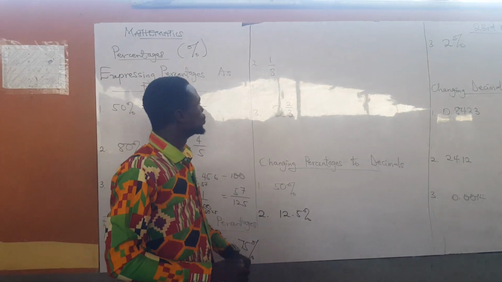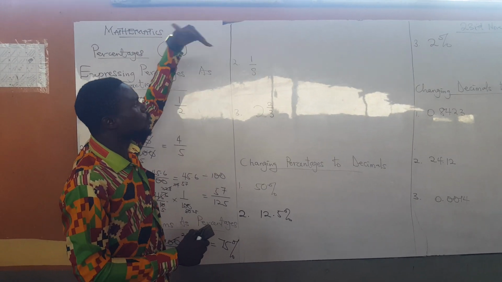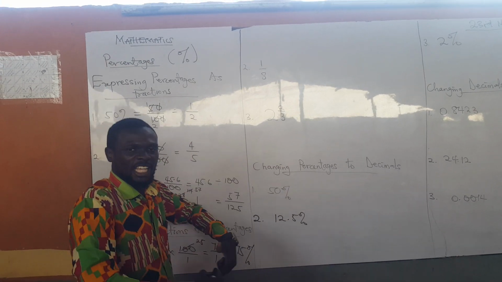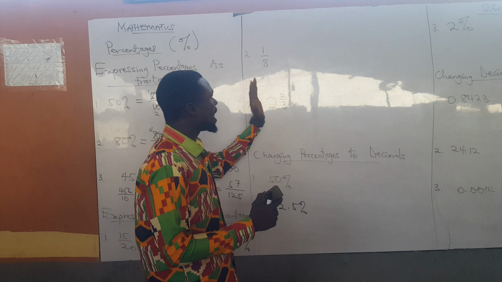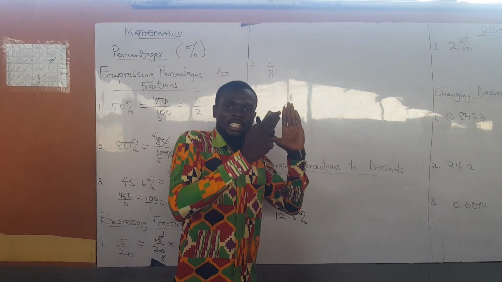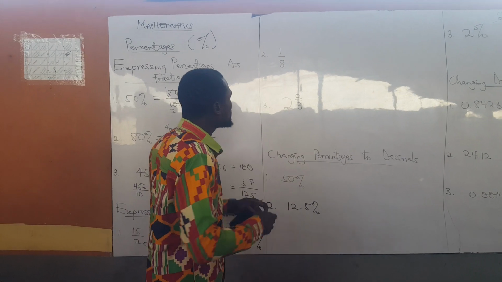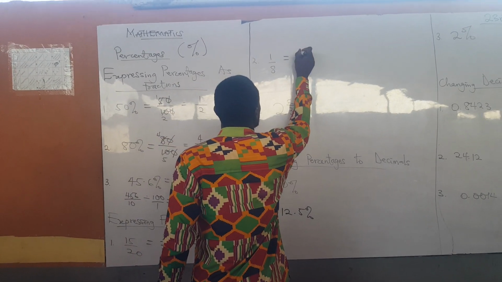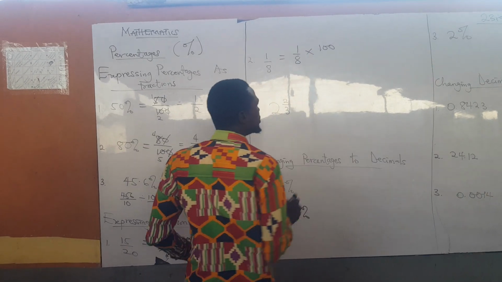Look at the number 2. The number 2, they've given you 1 over 8. Express the 1 over 8 as a percentage. So the 1 over 8 that they've given you, multiply the 1 over 8 by 100. If you multiply 1 over 8 by 100, you are going to get 1 out of 8 times 100.